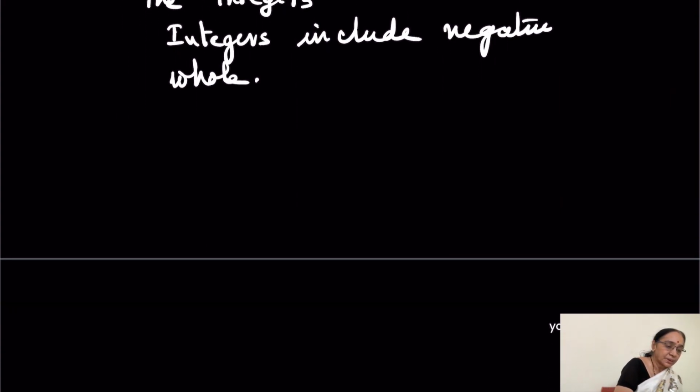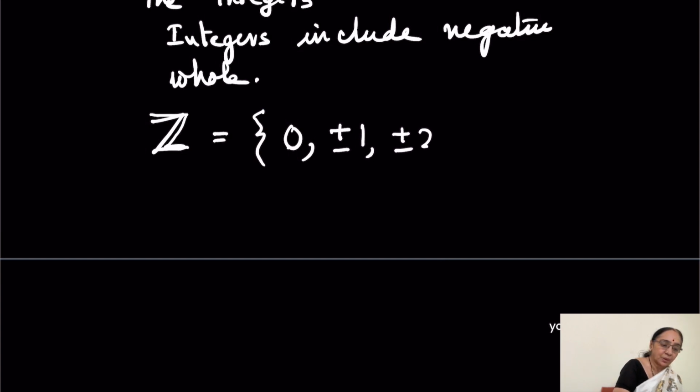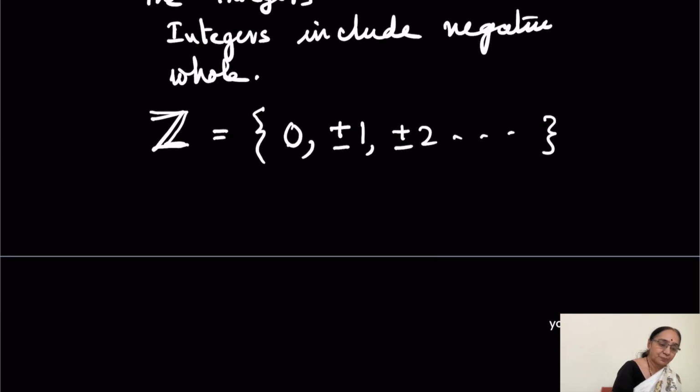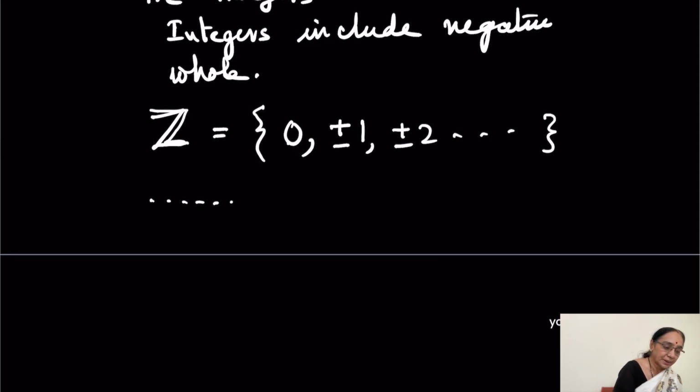Now, how do we denote this? We denote this using the letter Z, and usually we write it with a double stroke. This is listed as 0, plus or minus 1, plus or minus 2, and it goes on. If I expand it, it's like this: we do not know what the smallest integer is.